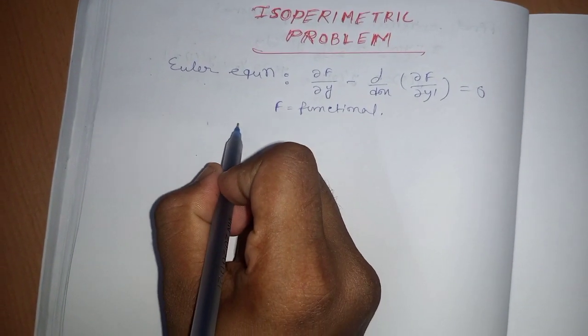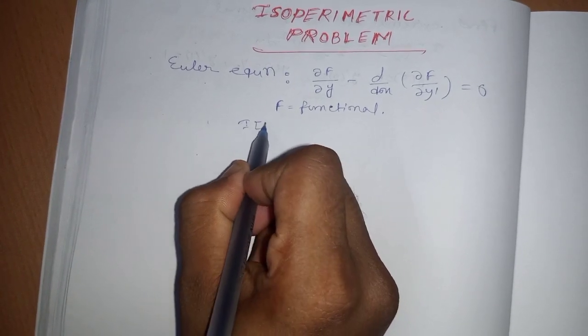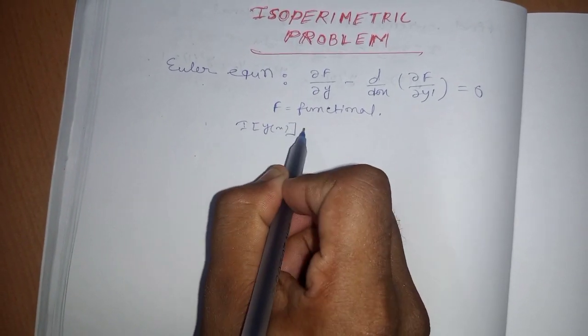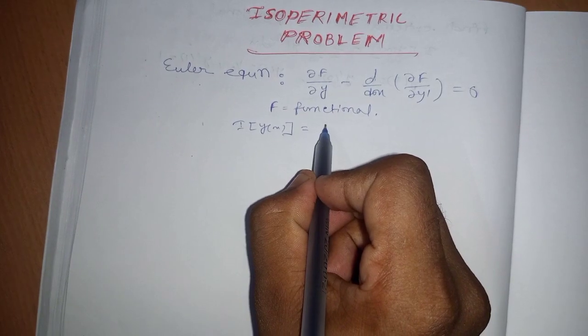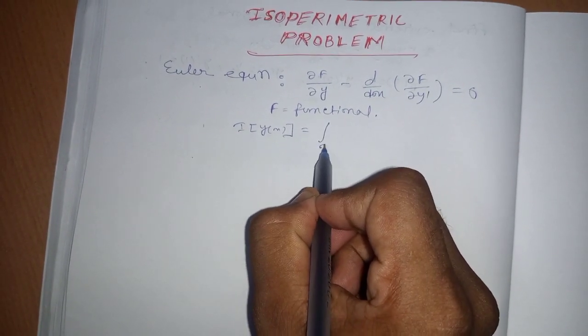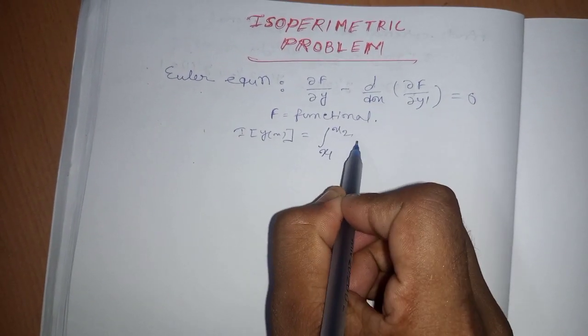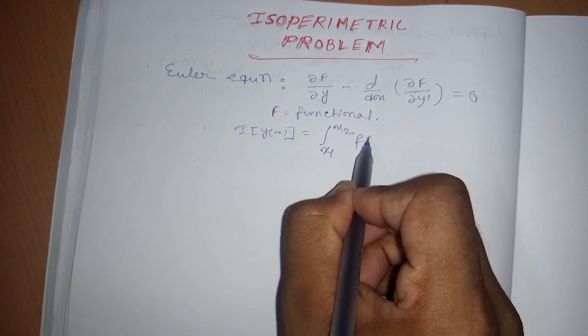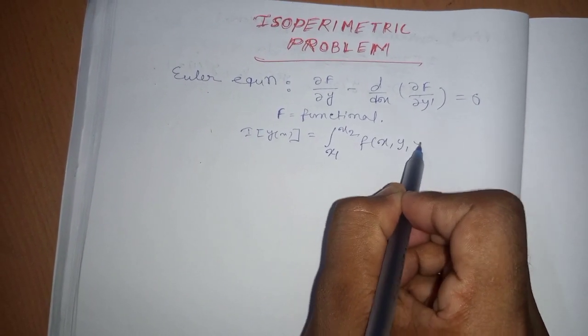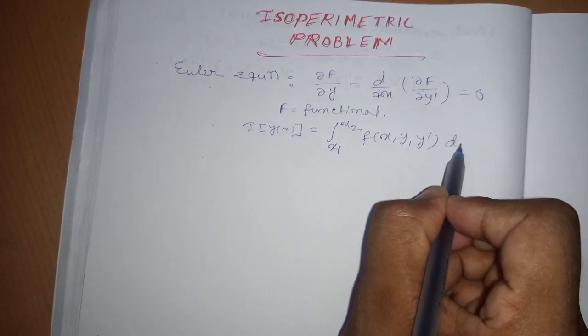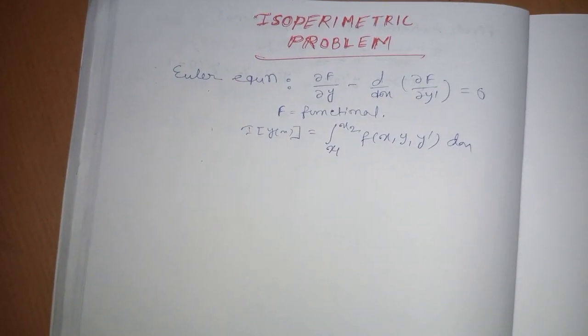And how is it defined? It is defined by I of y(x) equal to integration x1 to x2 f of x comma y comma y dash dx, right?